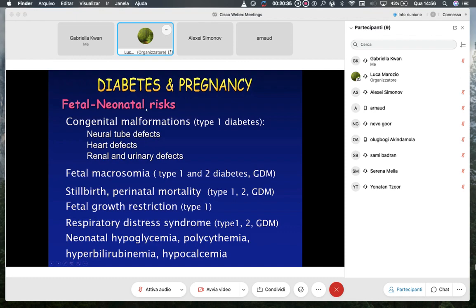There is an increased risk for congenital malformations, particularly in type 1 diabetes. These malformations are neural tube defects, heart defects, renal and neural defects. These are the most common malformations due to type 1 diabetes. And remember, the risk factors for fetal malformation are high levels of glycated hemoglobin and high frequency of hypoglycemic crises at the beginning, during organogenesis.